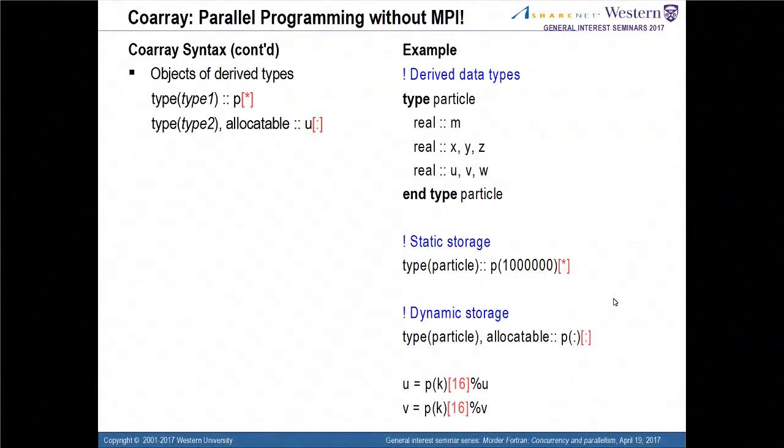Next. Now, you can also use a coarray for derived data types. You define a structure, for instance a particle. A particle contains the mass, coordinates, and velocities. And you define an array of particles, which is 1 million elements, and this will be shared among all the processes.